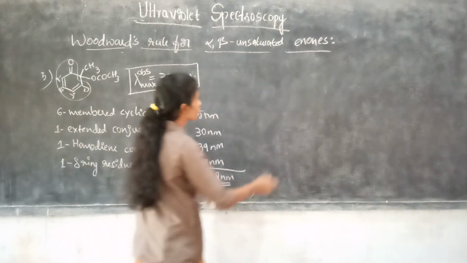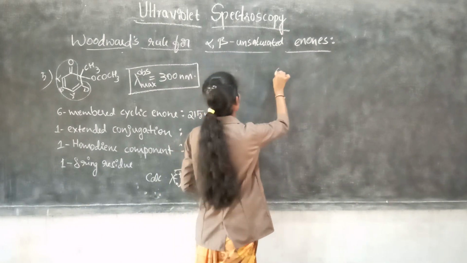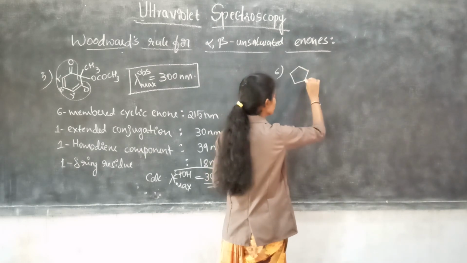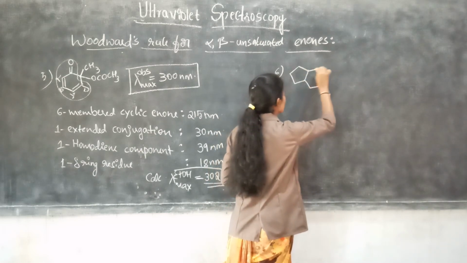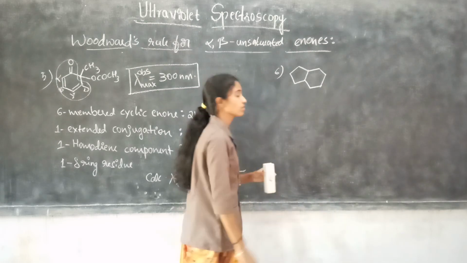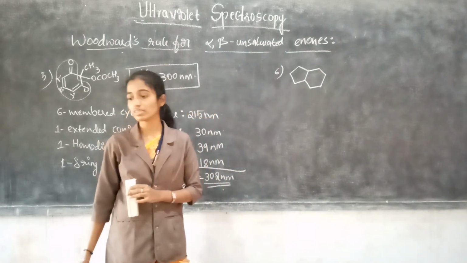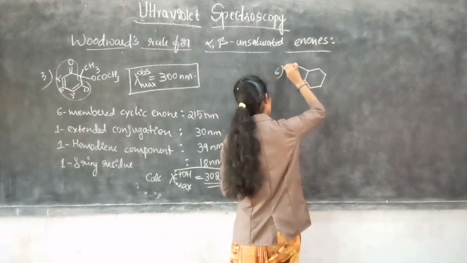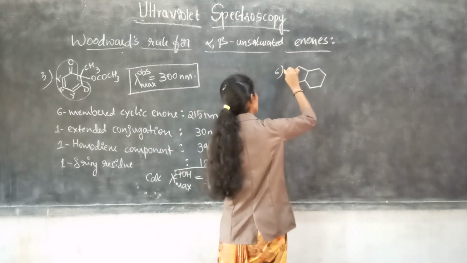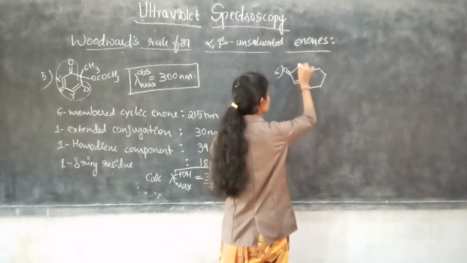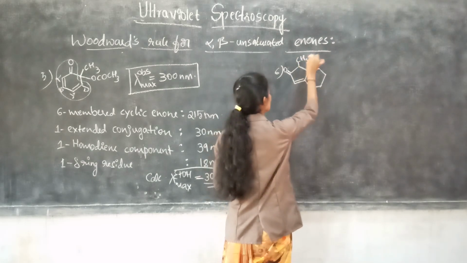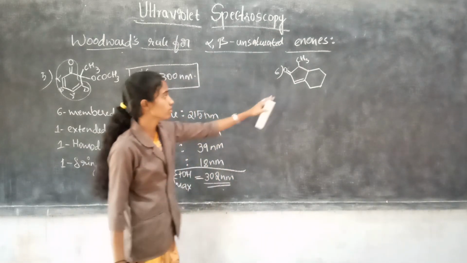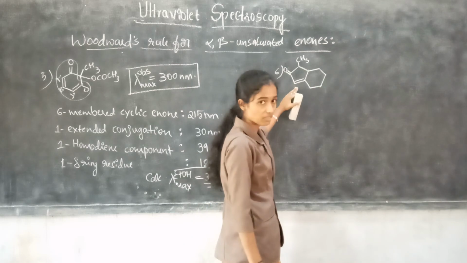Next we will move on to another problem. Here a 5-membered cyclic system is fused with a 6-membered cyclic system. We have an enone in the 5-membered cyclic system.